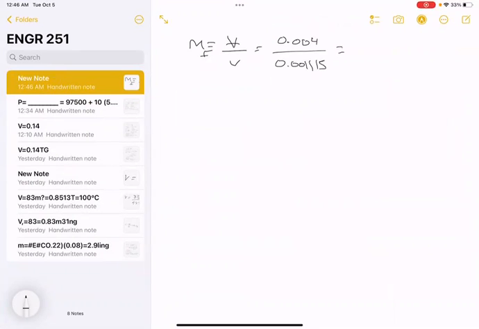This will give us the mass of liquid water, which is 3.59 kilograms.